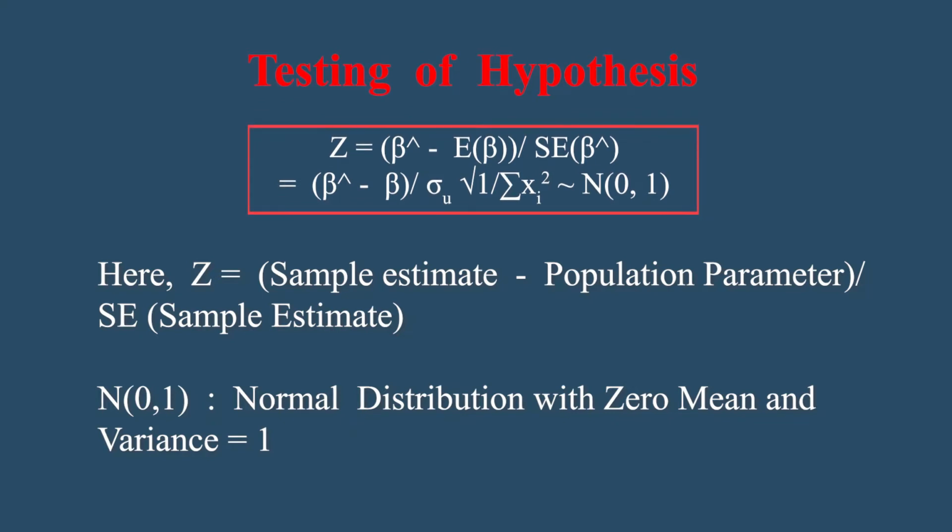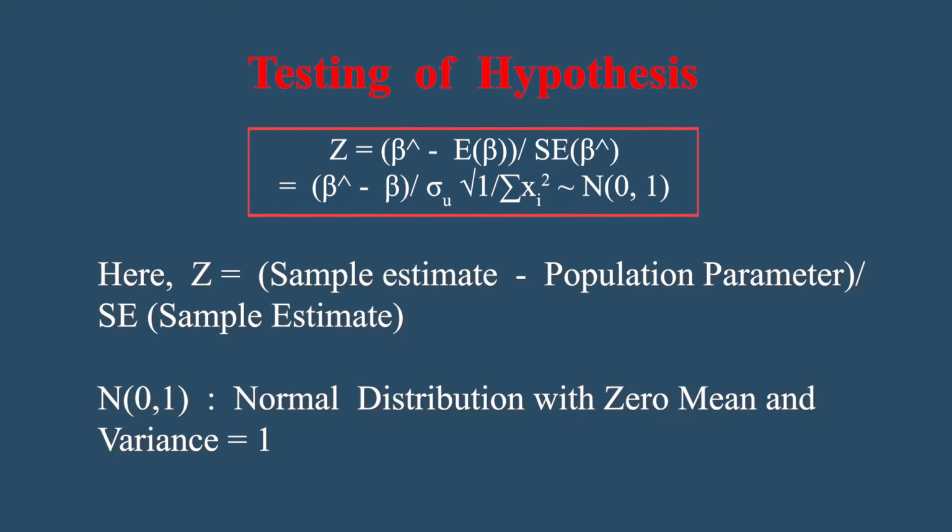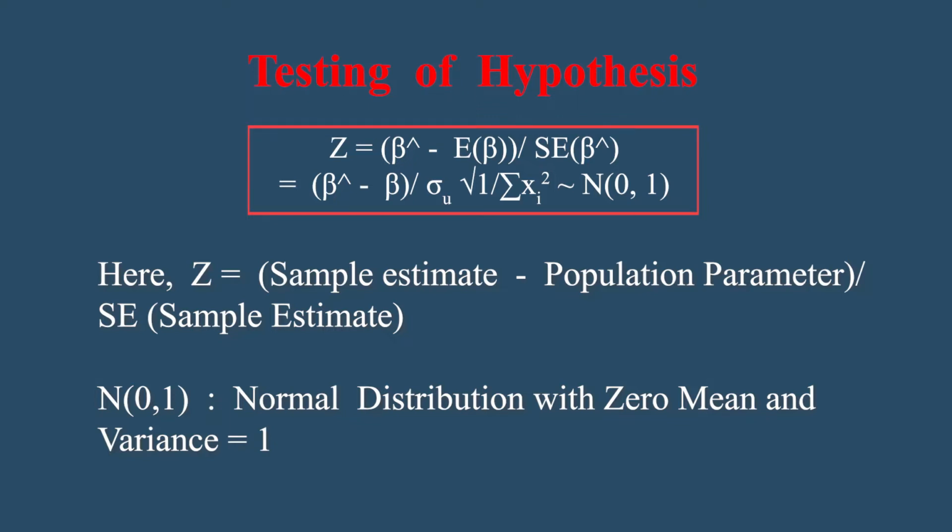By the z statistic, we mean beta hat minus expectation of beta, where beta hat is the estimated slope coefficient and expectation of beta is the mean of the beta, divided by the standard error of beta hat. This is the form of any statistic in the testing of hypothesis: the sample estimate minus the population parameter, divided by the standard error of the sample estimator.